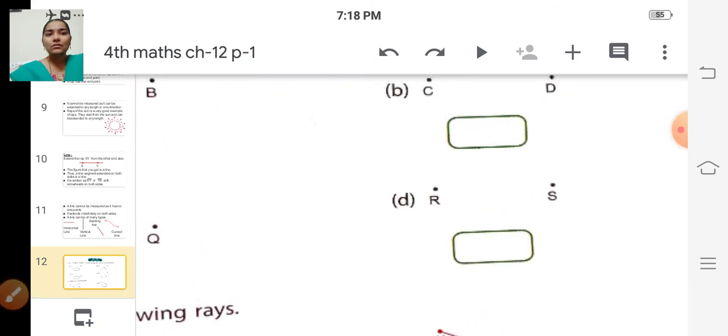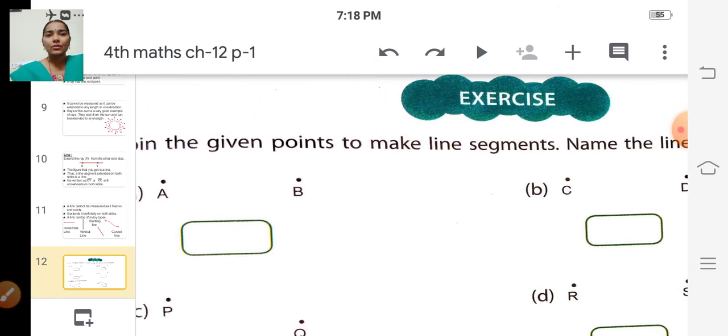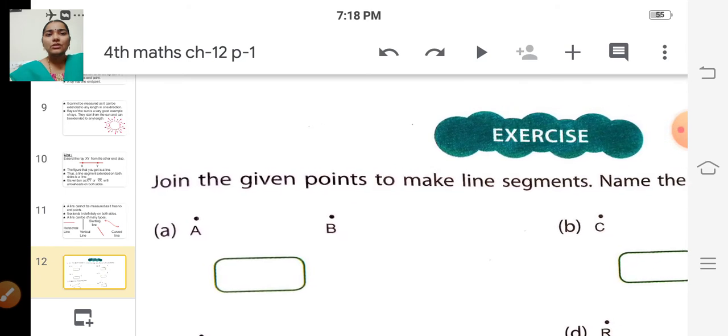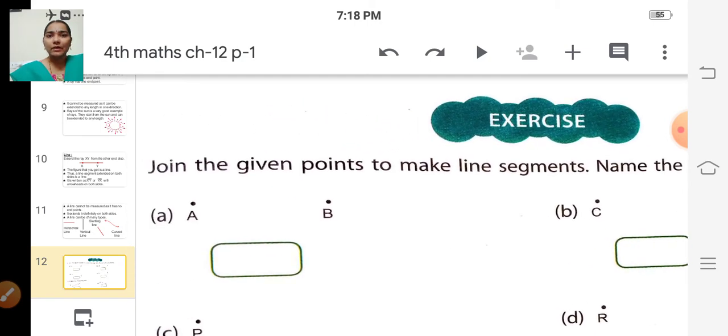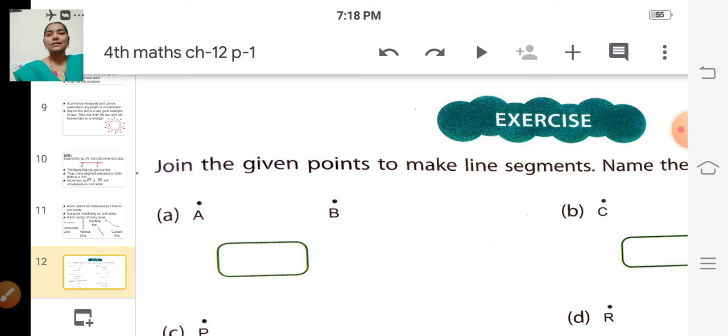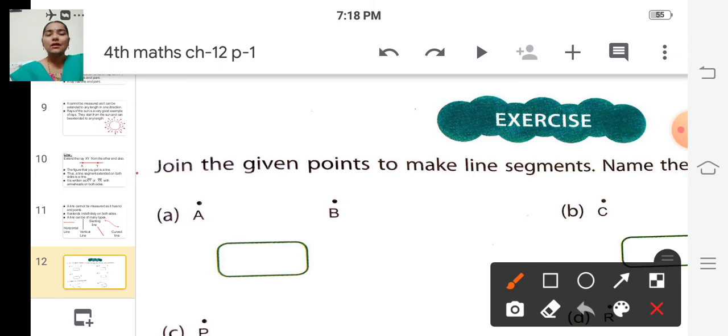So we'll solve some exercise problems. First question: join the given points to make line segments and name the line segments. How to name line segments? We have to write the 2 points. If it is AB, then we write AB and put one bar above it. First one, AB.